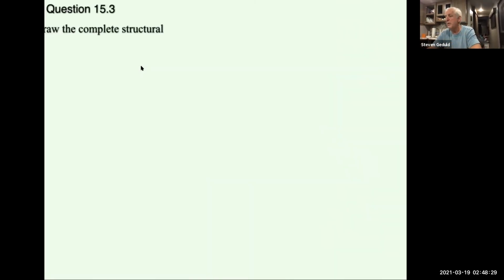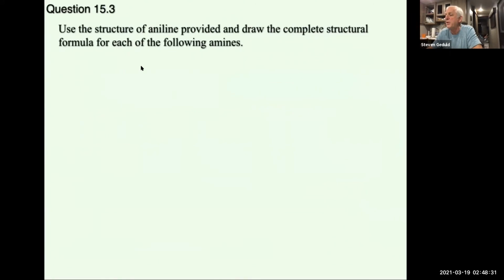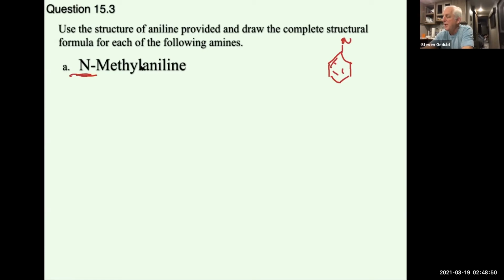Okay. So use the structure of aniline provided and draw the complete structural form of each of the following amines. N-methyl aniline. Okay, aniline was a benzene compound, right? With an NH2. And now we've got one attachment on that nitrogen, and it's a methyl group.